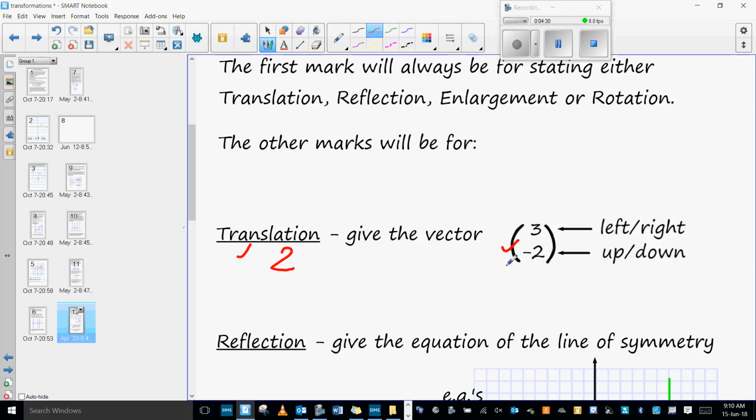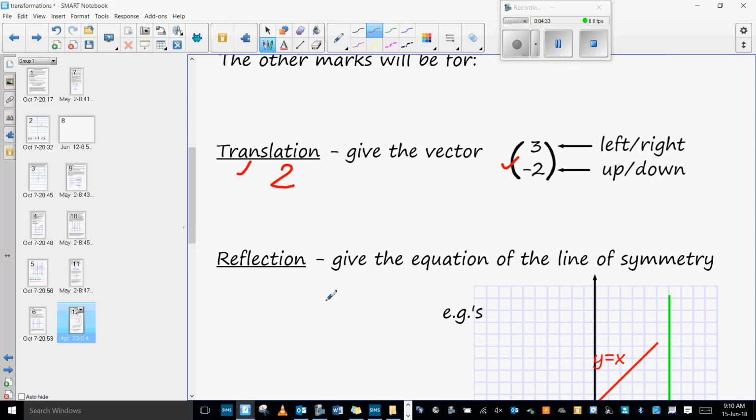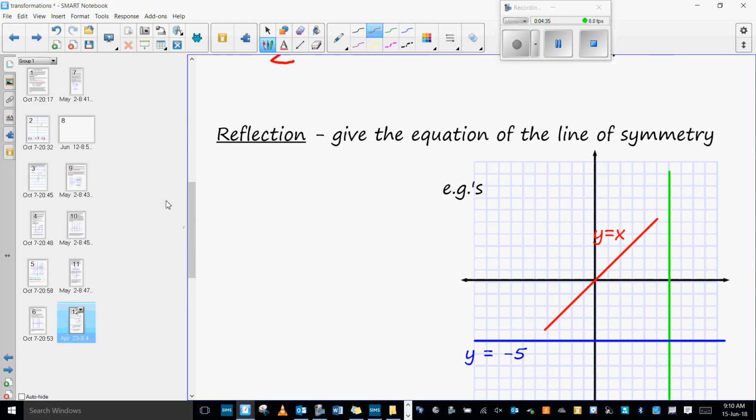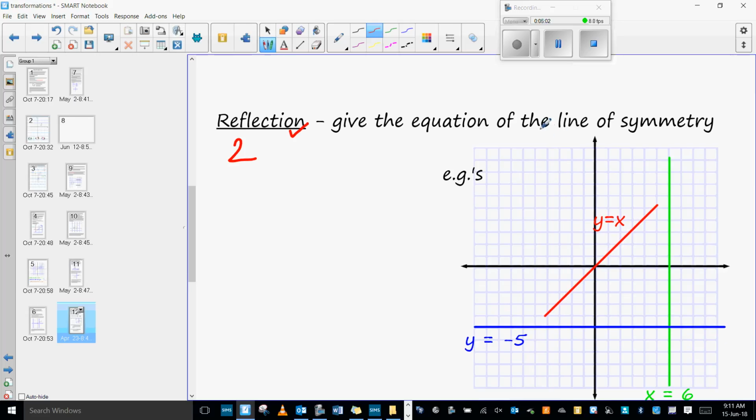If it's been reflected, you will see that your question will be worth 2 marks. The reason being is that you have to say that it's a reflection, and you have to give the equation of the line of symmetry. Now, often if you're not comfortable saying x equals or y equals, or giving the equation, you can just draw the line in. So you can say it's a reflection in the line shown. But you must tell them what the line of symmetry is.